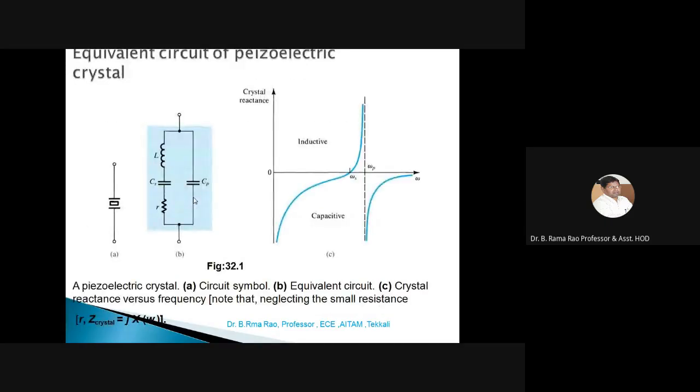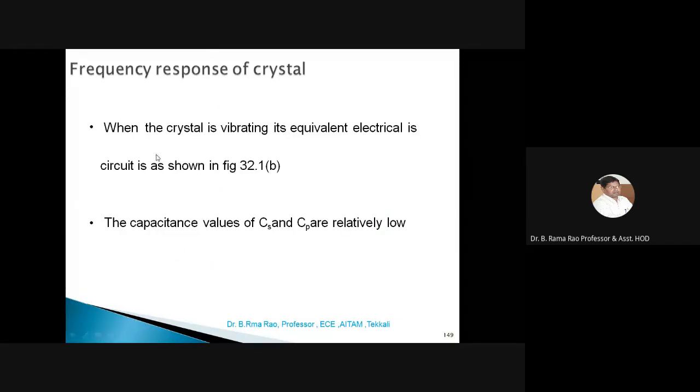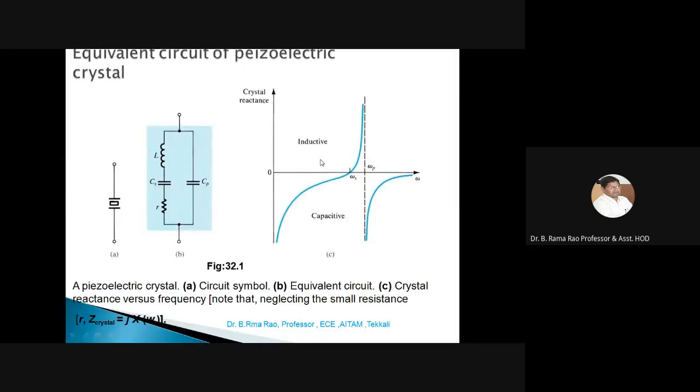Then it can be observed easily from the reactance characteristics. If you observe the reactance characteristics of the crystal, the crystal is capacitive up to the series resonance frequency. This curve is the graphical representation of crystal reactance versus frequency.